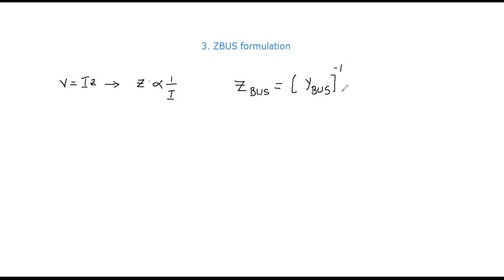So in the two port networks, suppose the given network has Z parameters, obviously you know what equations you are going to write down and how to obtain the Z parameters like Z11, Z12, Z21, Z22, etc. Likewise, in this case also, we are going to have different numbers of algebraic equations, and based upon that, we are going to write down Z bus as a matrix of size n by n.